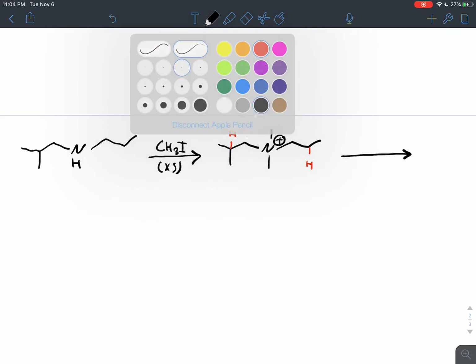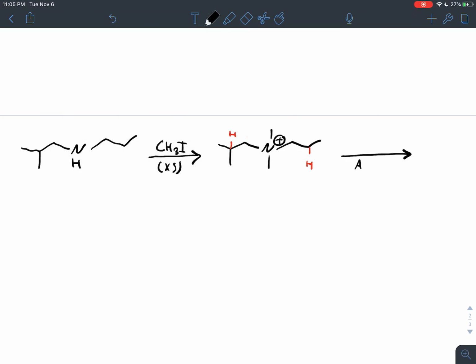And then in solution, Ag2O, H2O, and heat makes hydroxide. Now, which hydrogen is less hindered? That is the one that the base is going to get. This one is surrounded by 2 methyl groups, versus here, this one is surrounded by 1 methyl group.